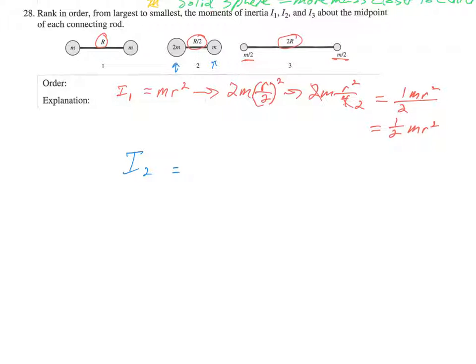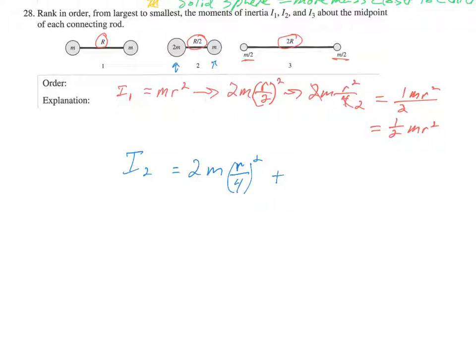All right, we have 2m times r squared, but it's half r. So this is really crazy. It's half of r half, which is r to a quarter, but it's squared. I hope that makes sense. If I cut a half in half, I have a quarter, so it's 1/4, but it's squared.